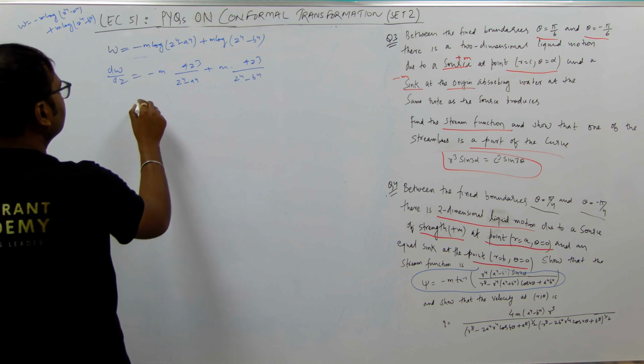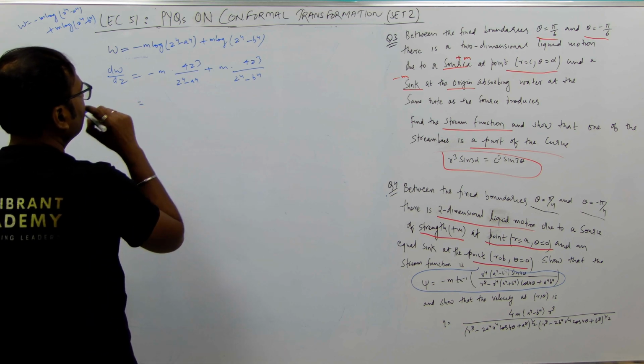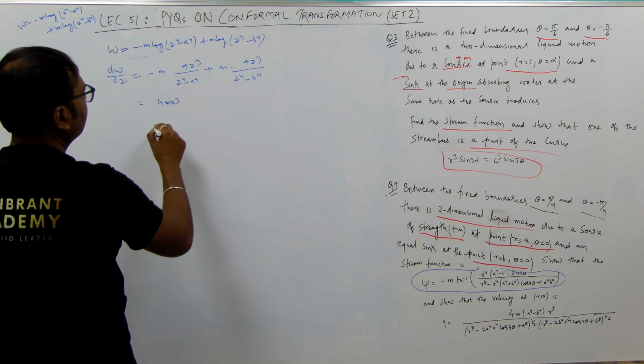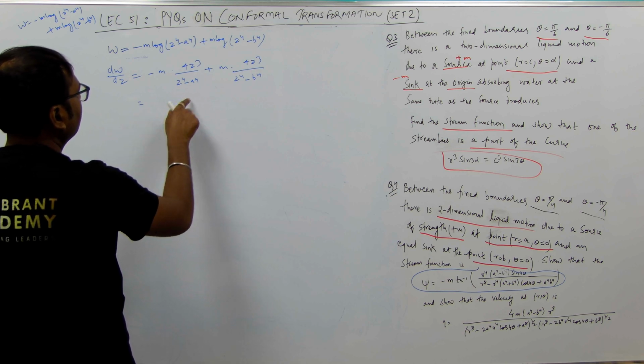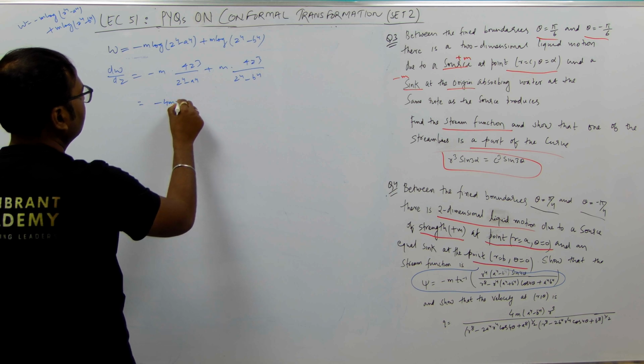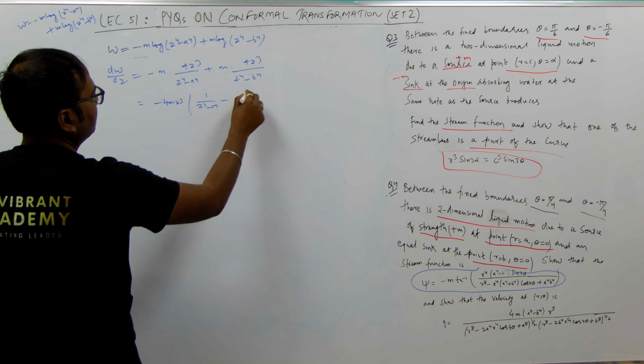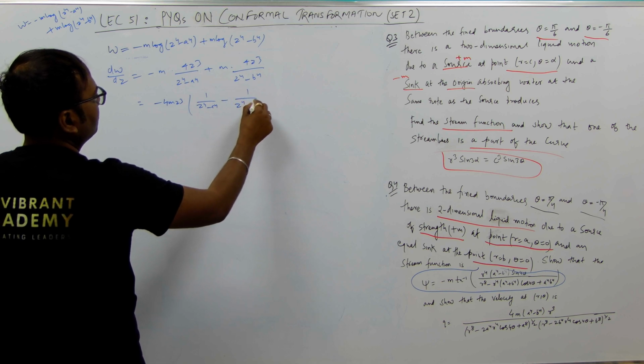Okay, so we have this as -4m z^3 [1/(z^4 - a^4) - 1/(z^4 - b^4)]. So this is -4m z^3 [(z^4 - b^4) - (z^4 - a^4)] upon (z^4 - a^4)(z^4 - b^4).